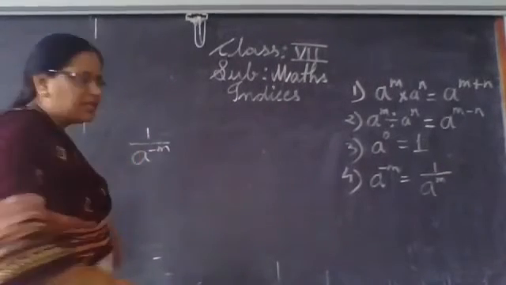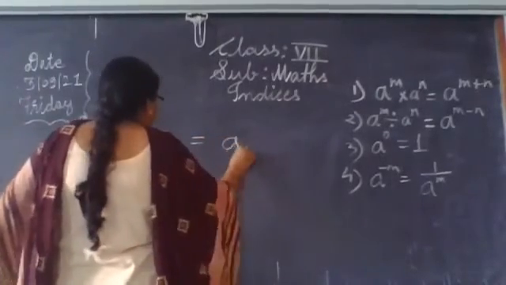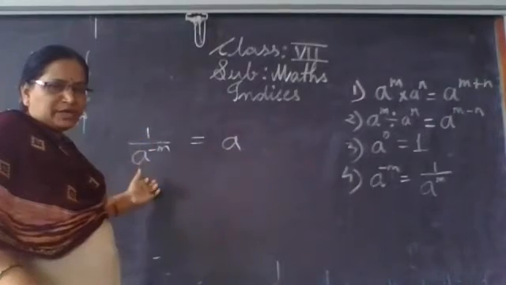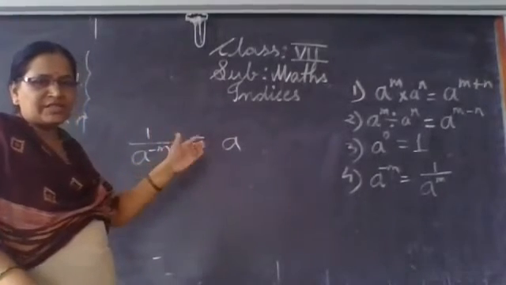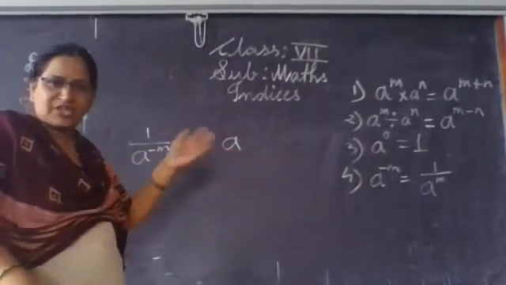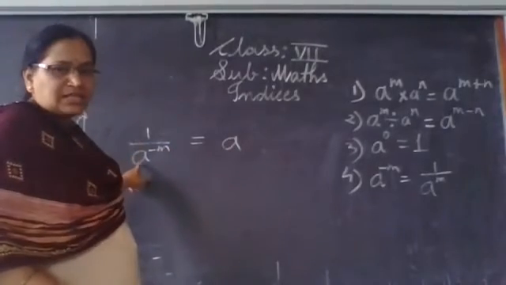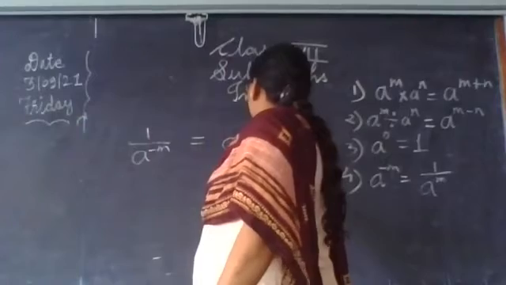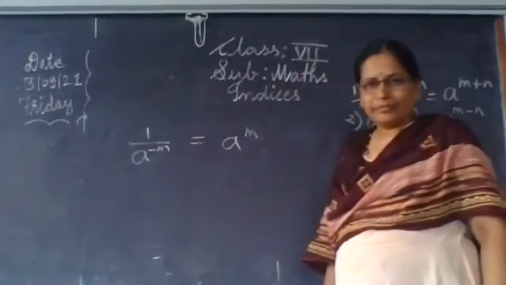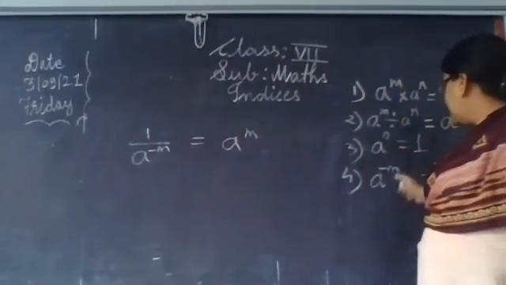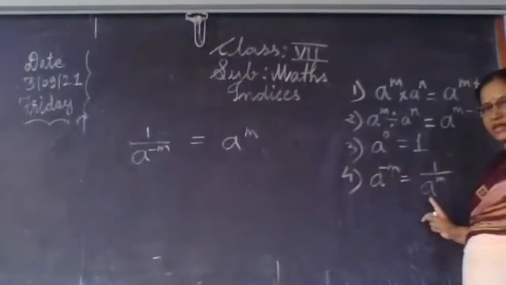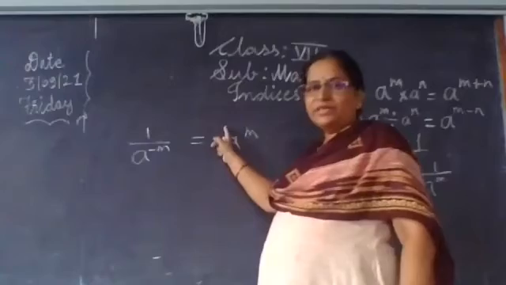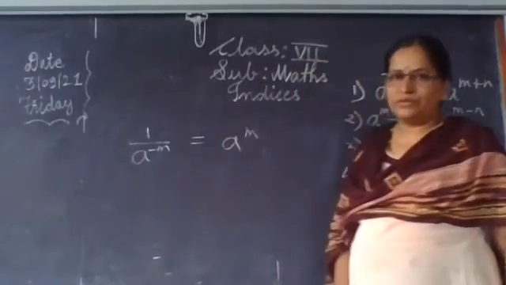You remember that when any power comes in the numerator or denominator, they exchange their sign. So see, it is in the denominator. If you write this in the numerator, it will be a raised to power minus n. When it comes in the denominator, it becomes positive. Got it, children?